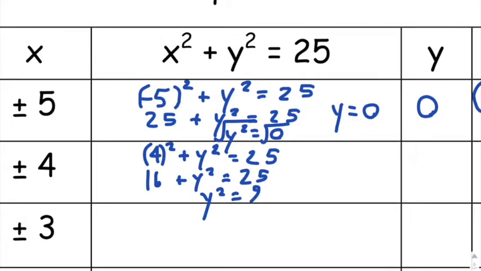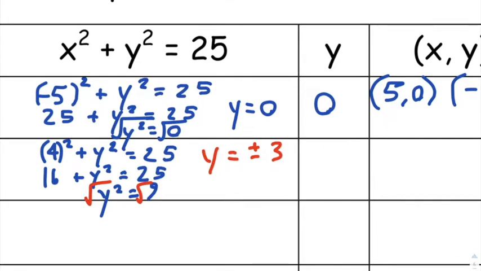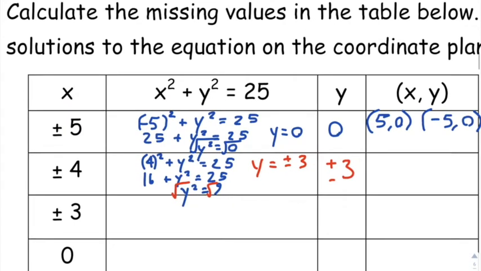Since we're taking an algebraic approach, we need to keep in mind that when we square root both sides of an equation, we get a positive and a negative version of the answer. If I plug positive 3 back into y squared, you get 9. If you plug -3 back into y squared, you get positive 9 as well. So we're going to write plus or minus 3 for that answer.